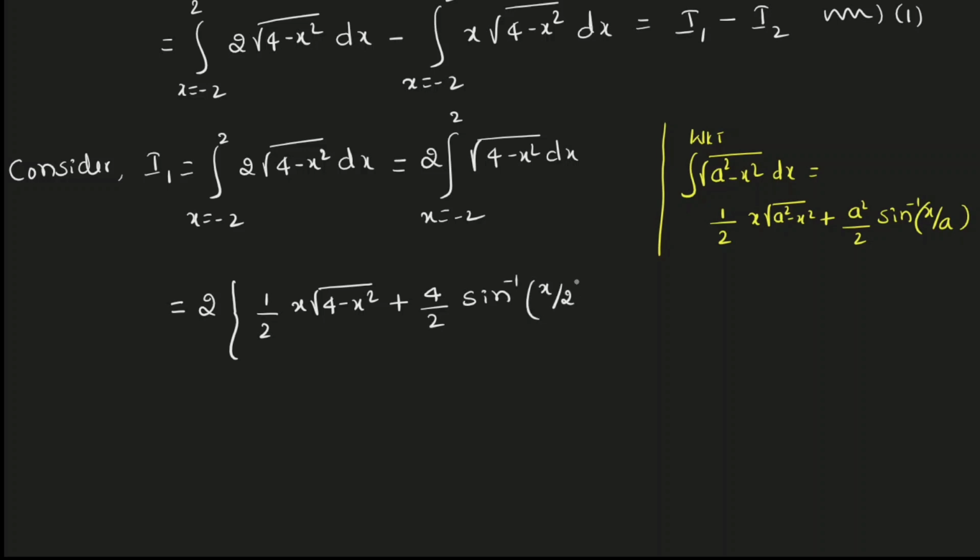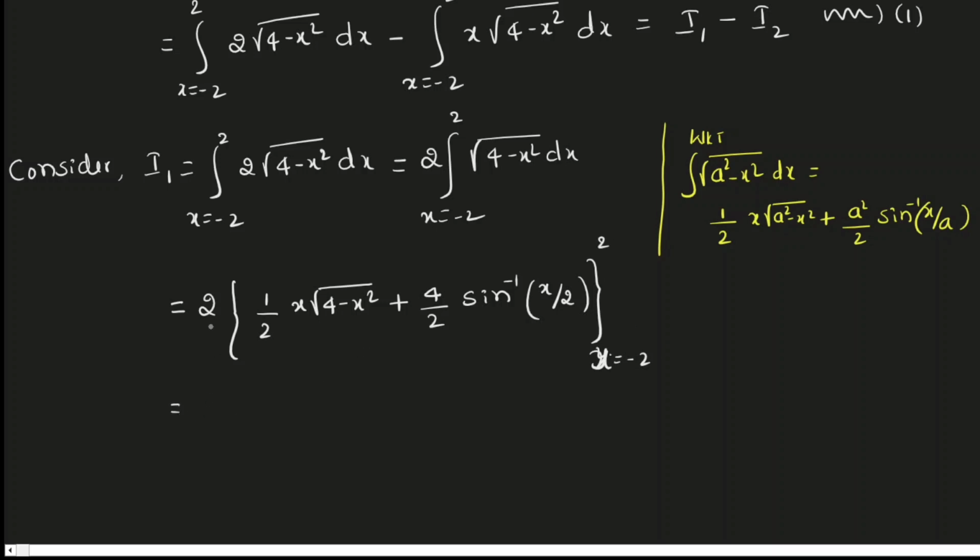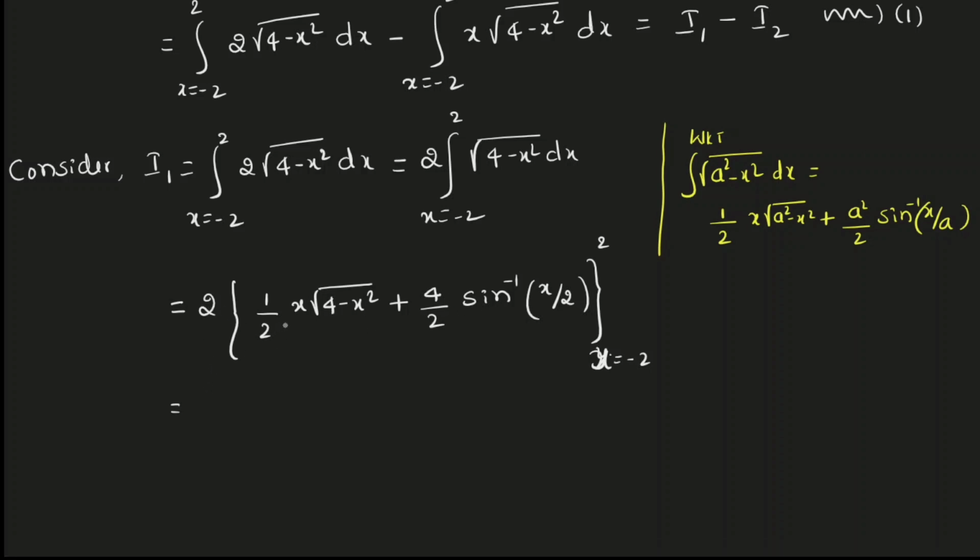So x by a is x by 2. Now the limits are x equal to minus 2 to plus 2. So take the 2 inside the bracket, since it is related to both the terms.